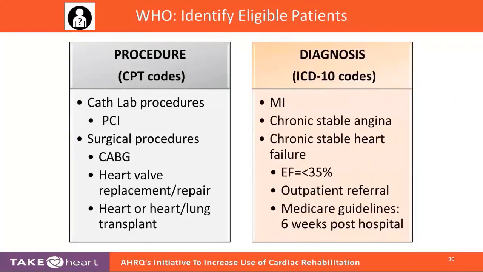If they're being seen for myocardial infarction, chronic stable angina, et cetera, they in general will have ICD-10 codes associated for the purposes of billing that I can look to and identify, hey, this is someone it is appropriate for me to send. They have one of the diagnoses, or they've had one of the procedures, that makes them appropriate for cardiac rehab.